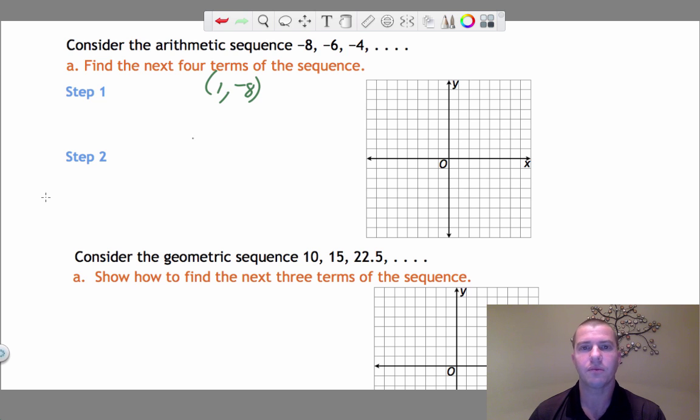The second term is negative 6, so it's the point (2, -6). Then I would have (3, -4). So when we graph that, I have these 3 points.